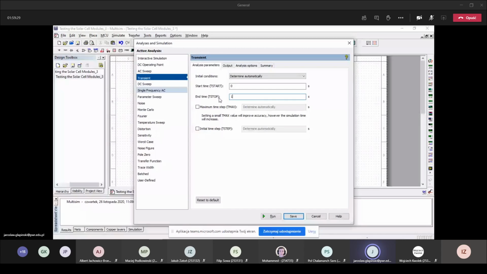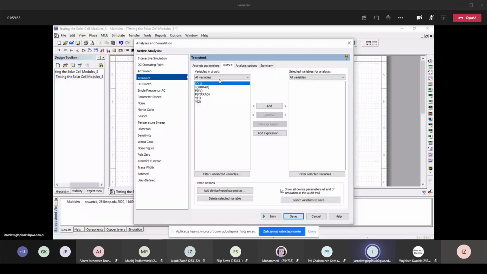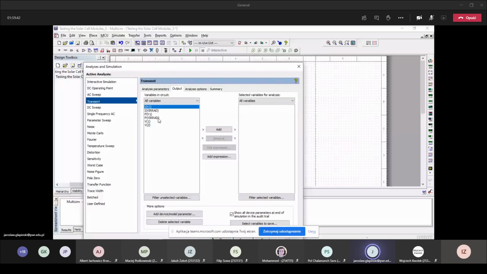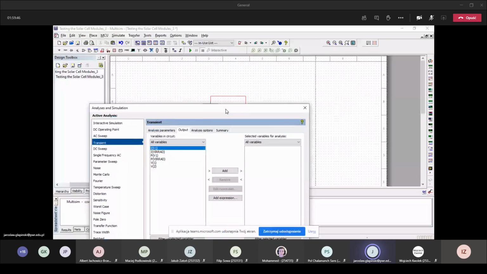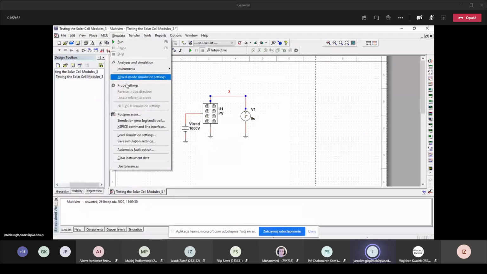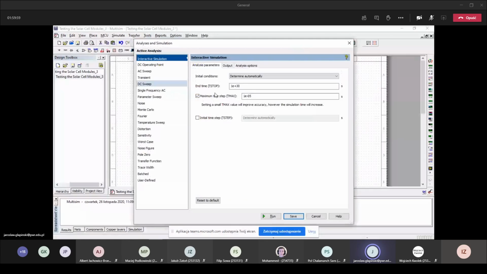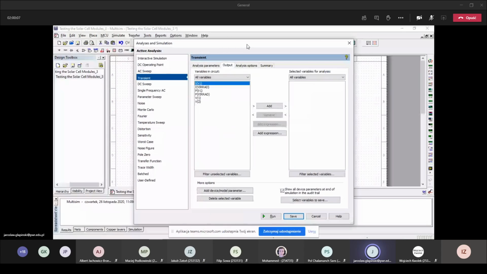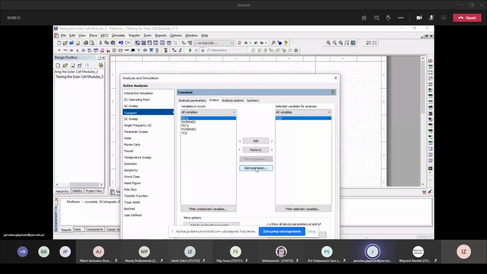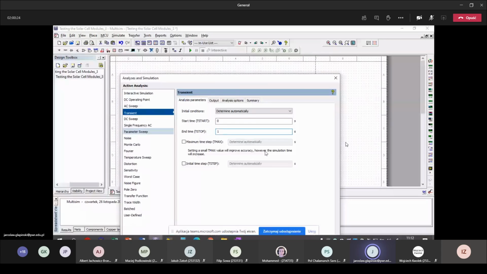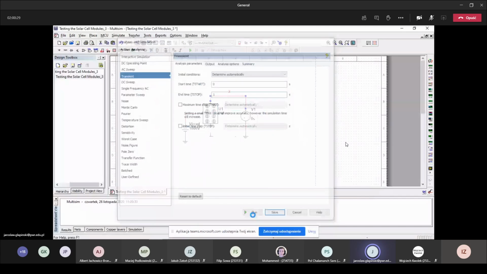In 1 second, we can see the voltage on V1. Okay, you can see the characteristic.